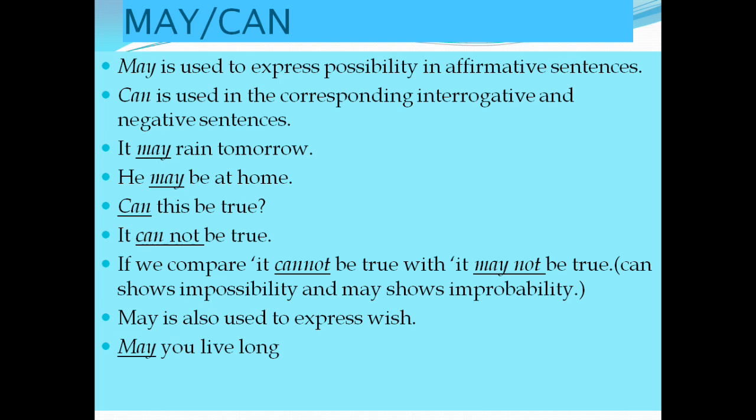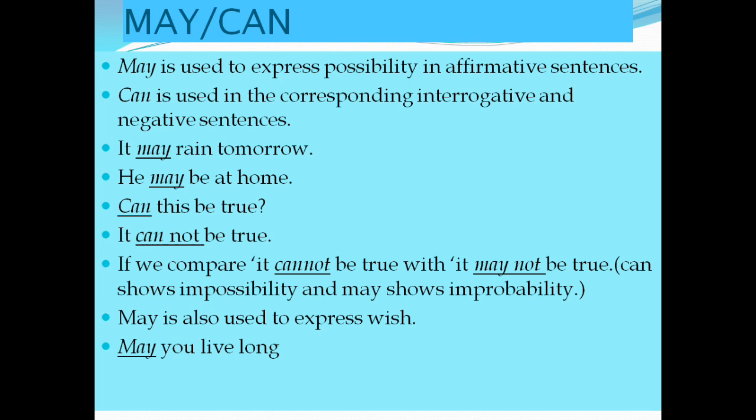Now let's compare two sentences: it cannot be true and it may not be true. When we use can, it shows impossibility. When we say it cannot be true, it means there is no possibility of it being true.